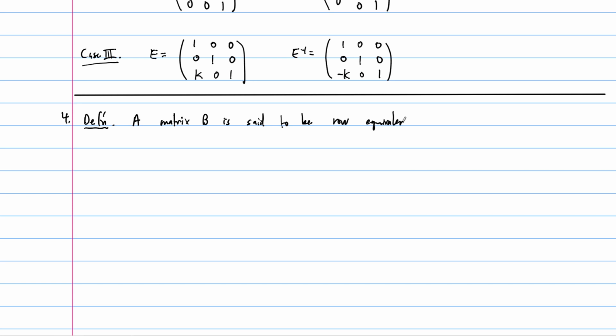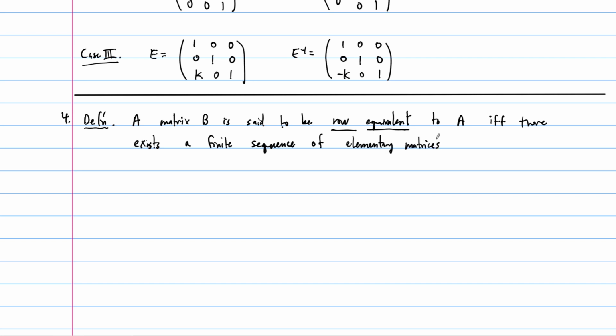We want to make sure that our matrices are row equivalent when we're solving systems. So B is row equivalent to a matrix A if and only if there exists what we'll call a finite sequence of elementary matrices. That's just a finite list of elementary matrices.